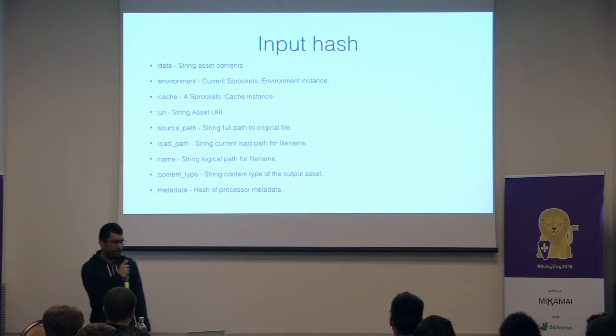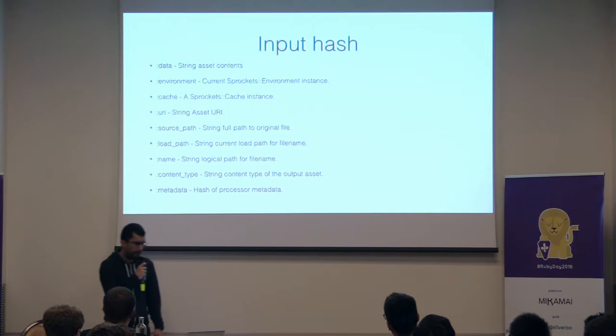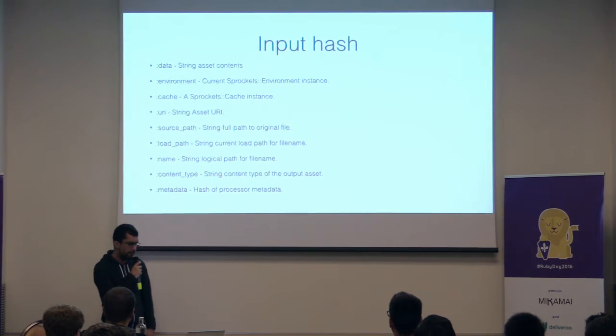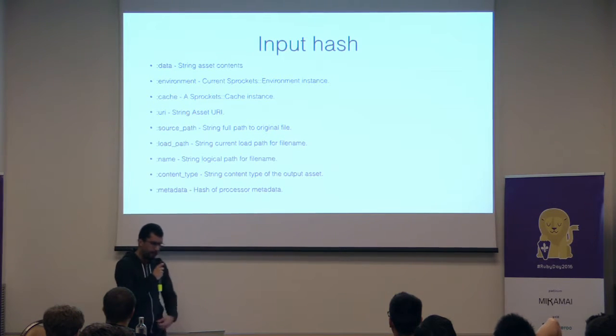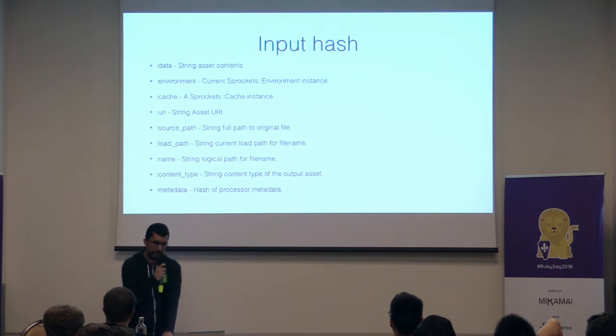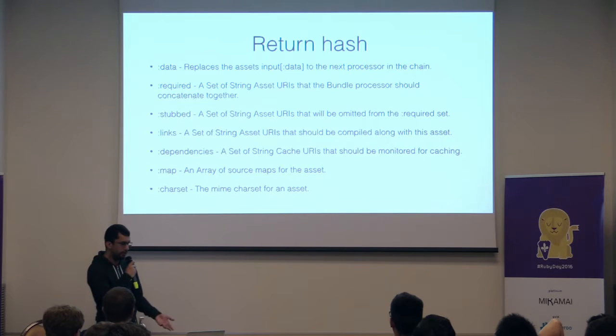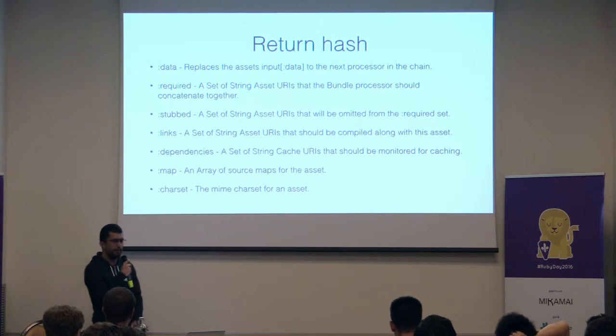So the input hash has some special meanings, like the data key is the asset being transformed. The environment is an environment object. And we have cache, source path, load path, and so on. And the return hash can be anything, but we have some special keys, like data, that is going to be used for the next processor in the chain, and some required stubs and links.